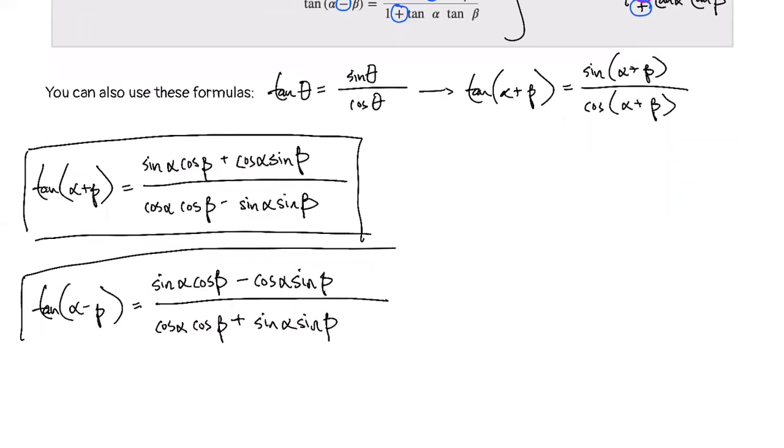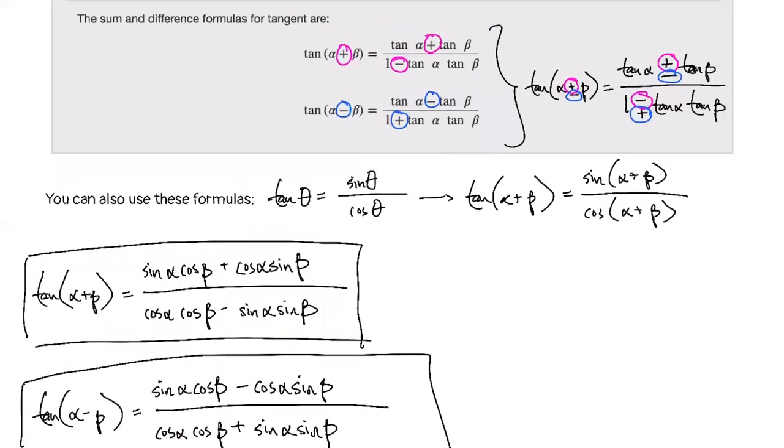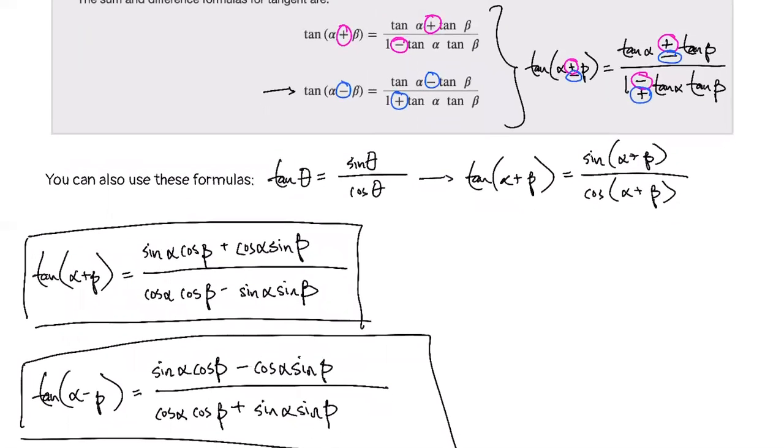And this would be another way that I could find tangent of alpha minus beta instead of using this form. Okay? So just to be clear, this formula and this formula, the ones with the pink dots, will get you the same information.